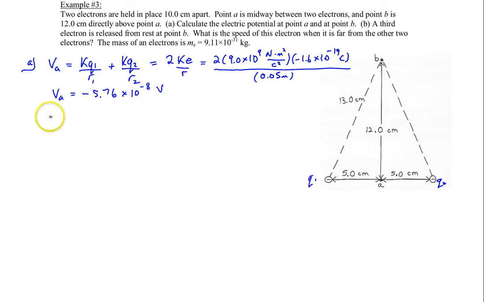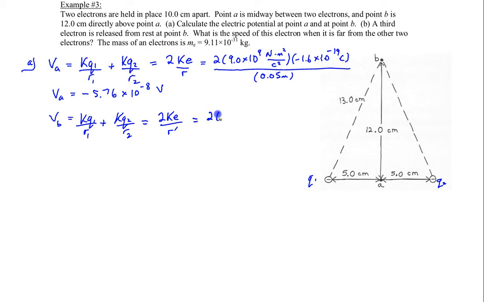So let's do a similar thing for the potential at B. That would be KQ1 all over R1 plus KQ2 all over R2. Same expression, except now we can pull out a 2KE all over R prime, because if you look at point B, it's again the same distance, it's just 13 centimeters.